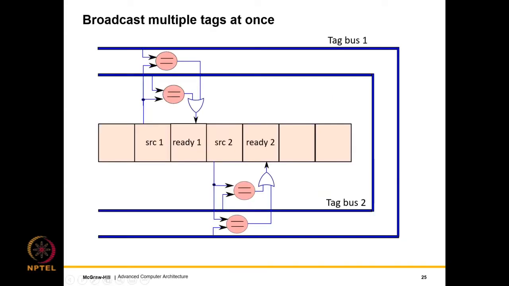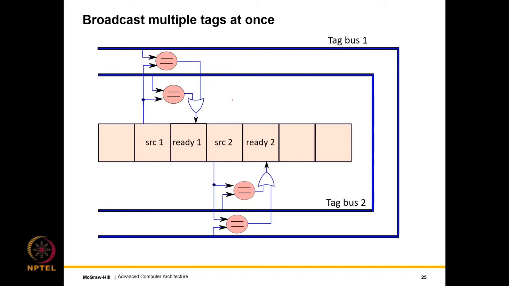Let us now consider the case where we have multiple tag buses. Recall that if we have a multi-issue processor where we send multiple instructions to the execution units every cycle, so multiple producer instructions will become ready every cycle, and they will broadcast their tags.